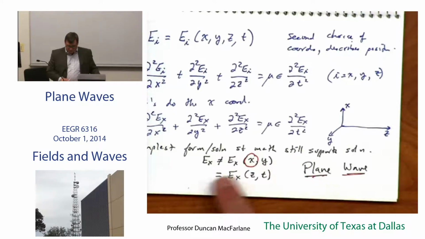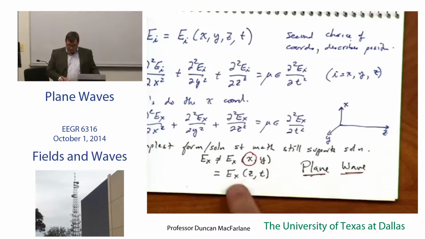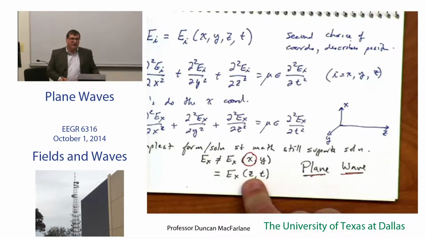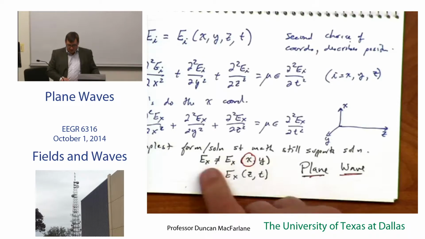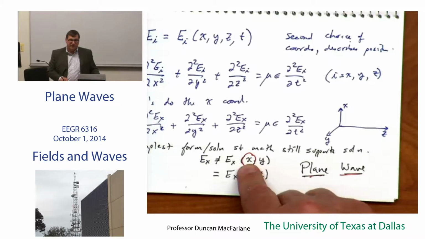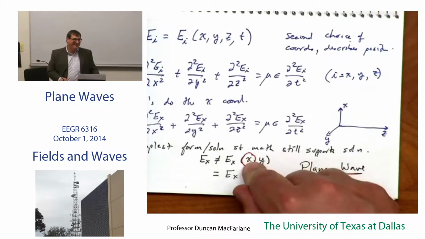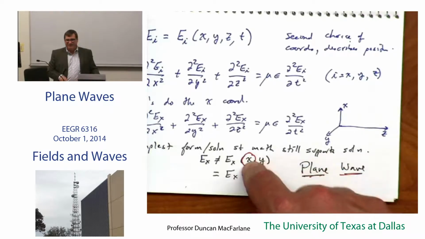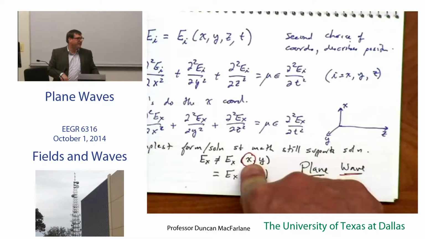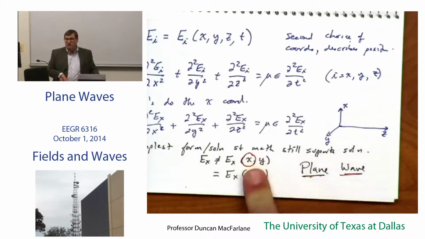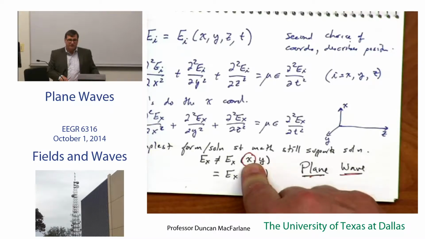We have to pick it as either moving in the z direction or moving in the y direction, not E sub x a function of x. That's a big no-no. And what I encourage you to do, in fact, is to try that and see what havoc you wreak, see the contradictions that come out of Maxwell's equations when you do that. It's a very, very nice exercise to do.